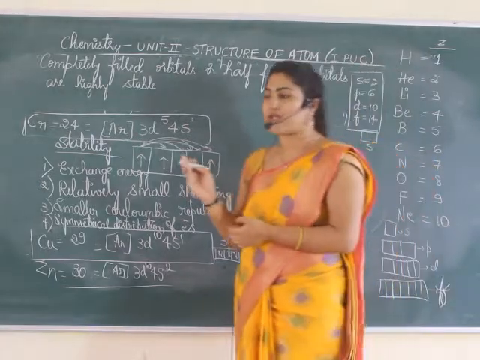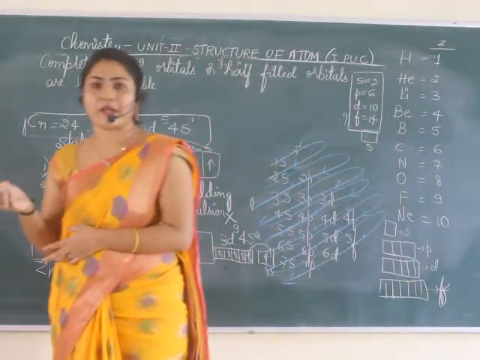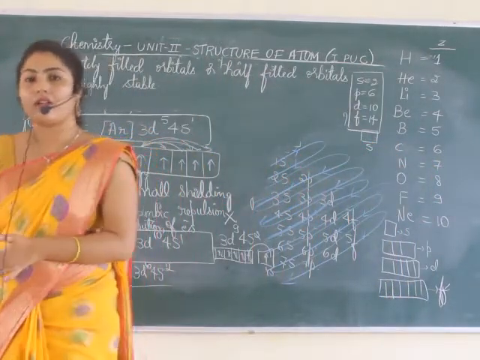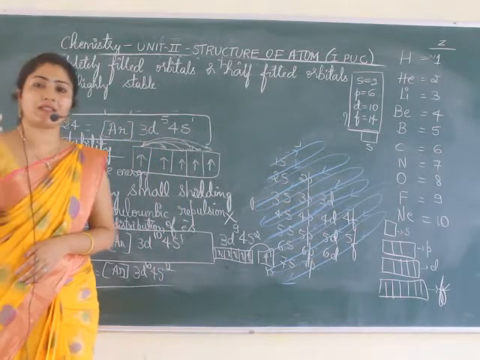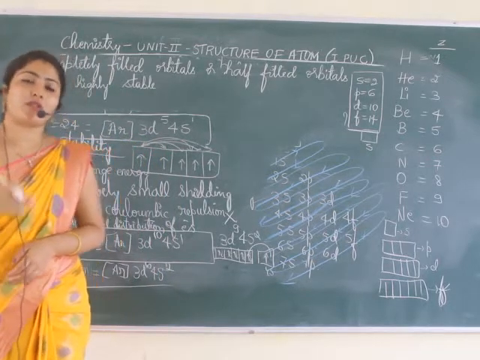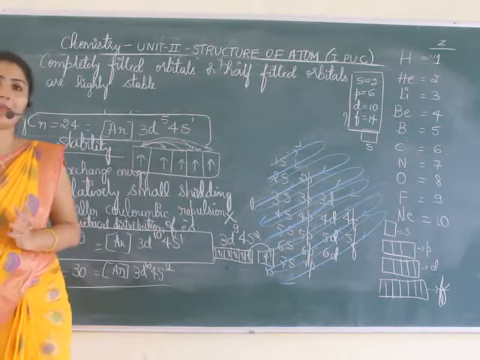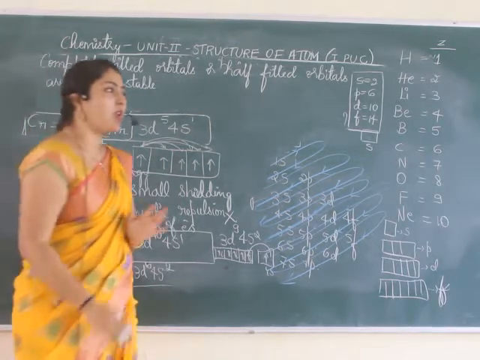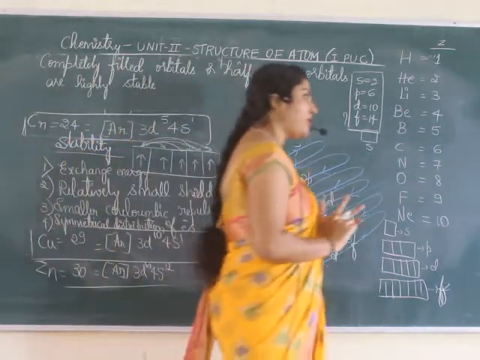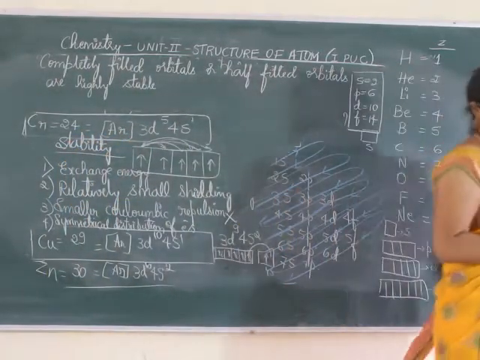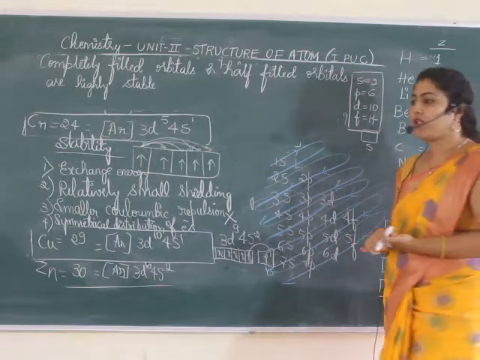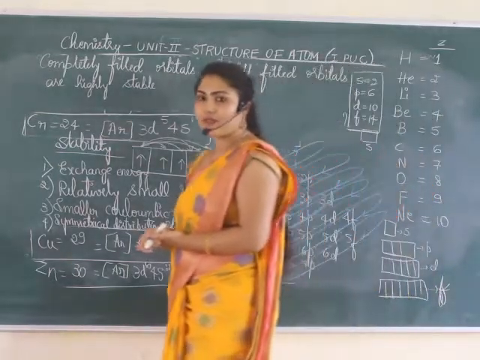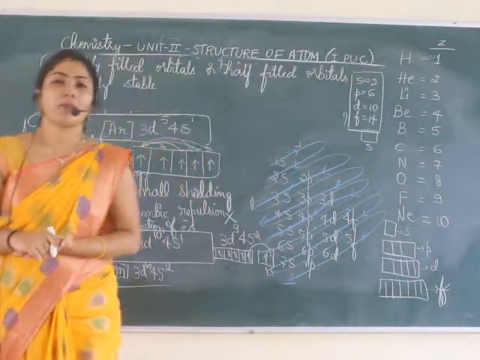Statements are important, and in structure of atom, as I have mentioned earlier, the different models of atom, its conclusions, or say the limitations of few important ones, like that of Bohr's atomic model. Quantum numbers, very important. Then line spectrum of hydrogen is again very important. So these are the areas where you will concentrate more and prepare well.